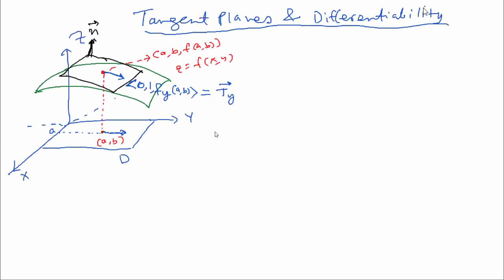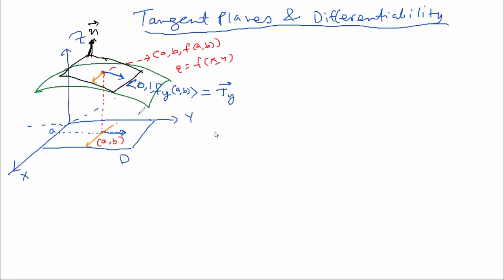Now let's do when y is fixed. Now when x is changing, with the change of x, we want to see how z is changing. If you look at that, it will be like this, right?